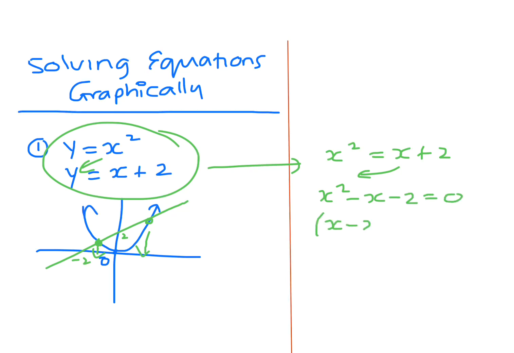So then you factorise it, so you get x minus 2, x plus 1 equals 0. So you end up with x is 2 and minus 1. So that's minus 1 and 2. So the actual solution to that equation is the same as the points of intersection of those two curves.